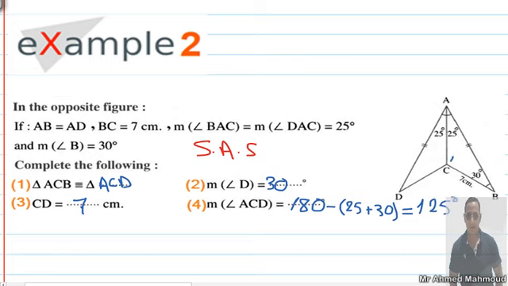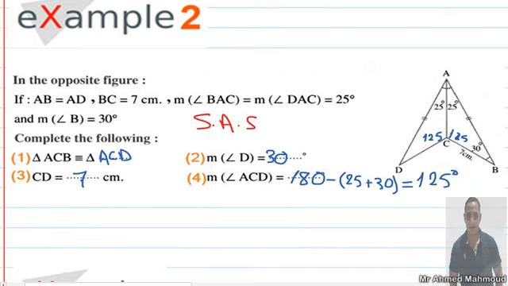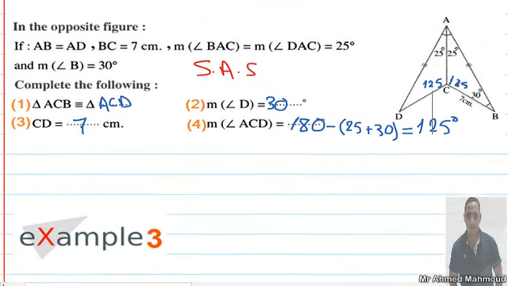Then we have here 125 and here 125. Okay, don't forget the sum of angles of a triangle equals 180, because we need this rule many times in this lesson.